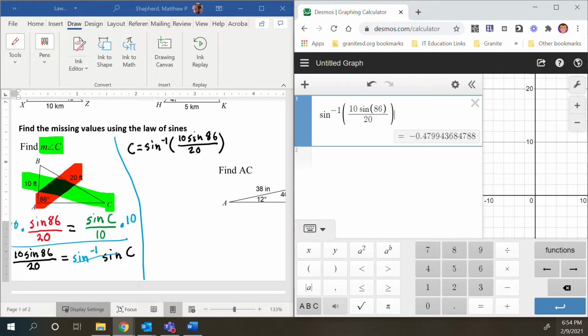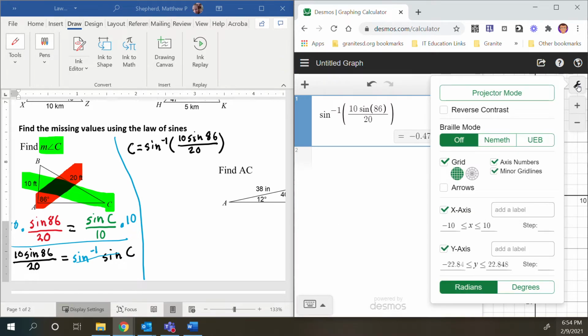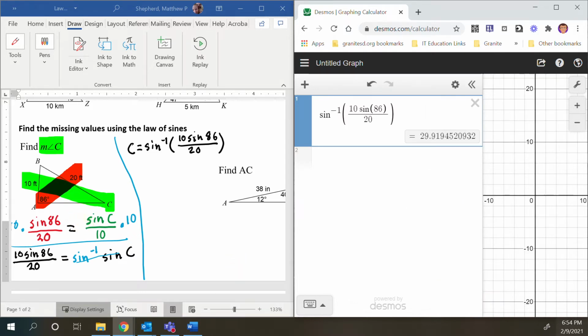So clearly this is wrong. No way we get a negative. One more thing you need to do. Click over here at Graph Settings on the wrench. Notice it defaults to radians, but when we're dealing with triangles, we want degrees. So I need to switch that to degrees, and you'll notice it changed my answer for me.